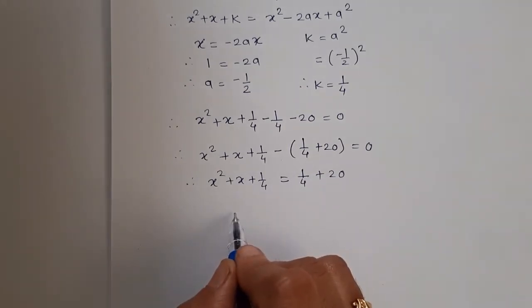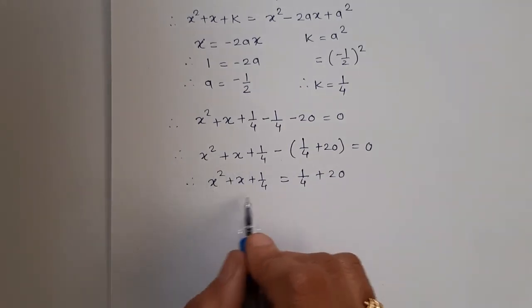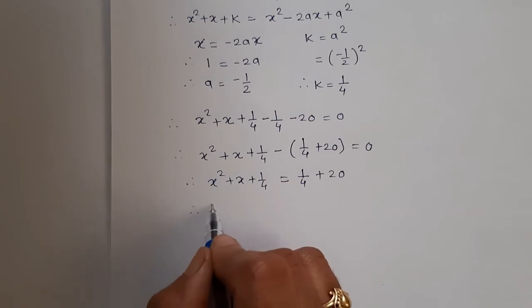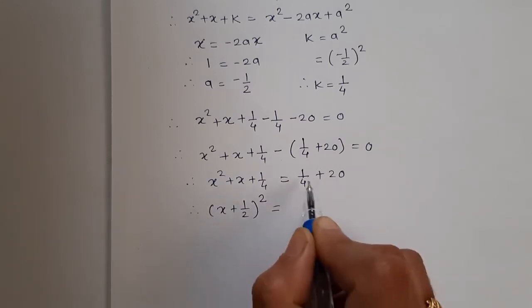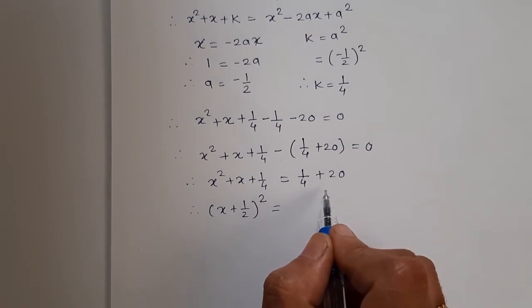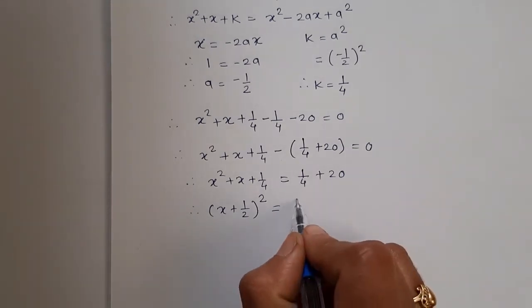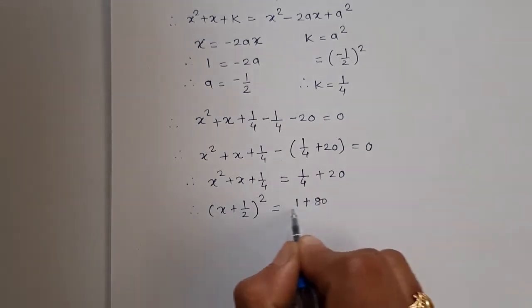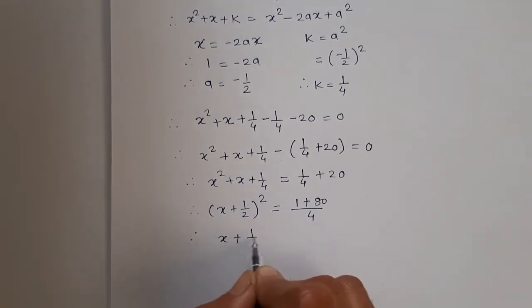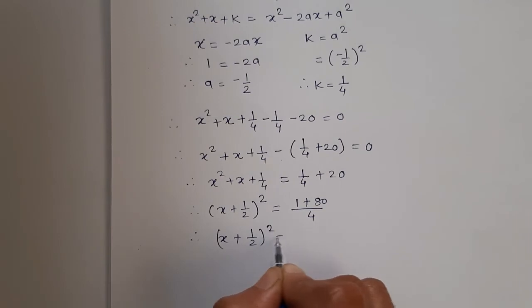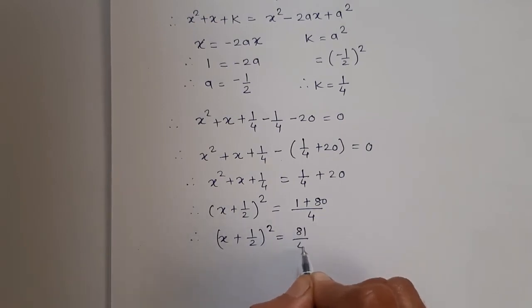Now if you observe the left hand side of the equation, it is a perfect square of x plus 1 upon 2 bracket square. And after equalizing the denominator of the right hand side, we get 1 plus 80 upon 4. So x plus 1 upon 2 bracket square equals to 81 upon 4.